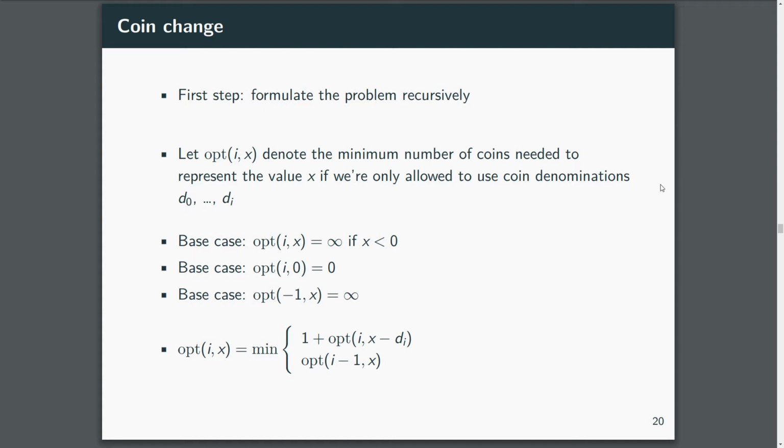So we subtract d_i from x and solve the same problem. Or we could not give out the coin and move to the next one. So we go to coin i minus 1 and the remaining value is x. The minimum of these two options is the optimal answer. So here we're just trying both possibilities.